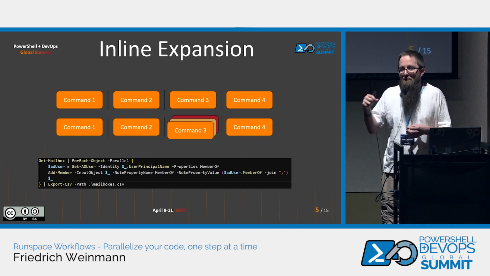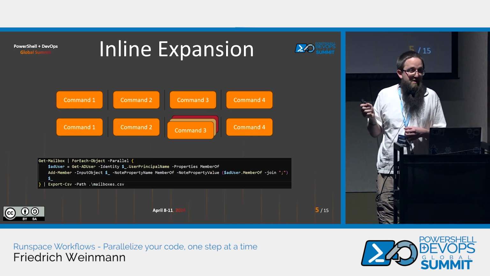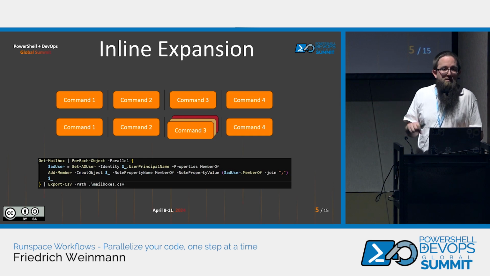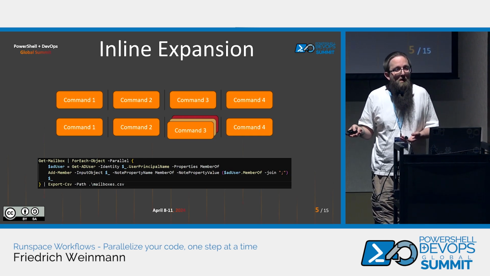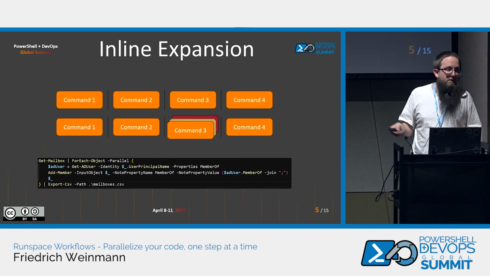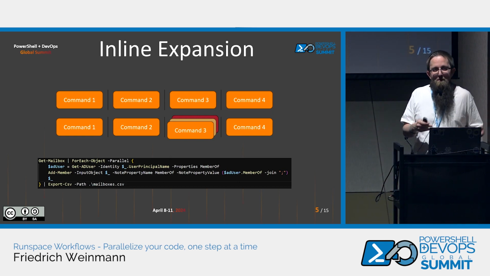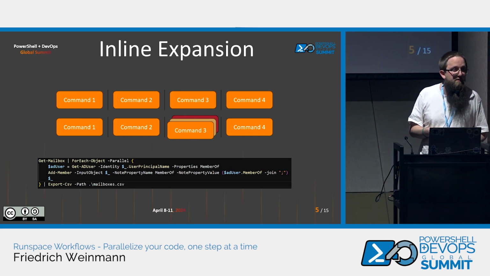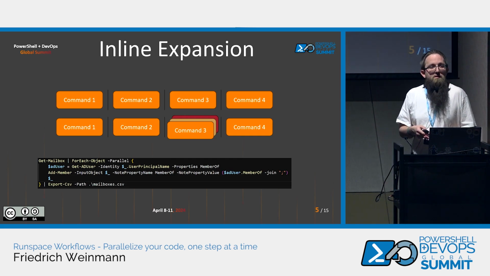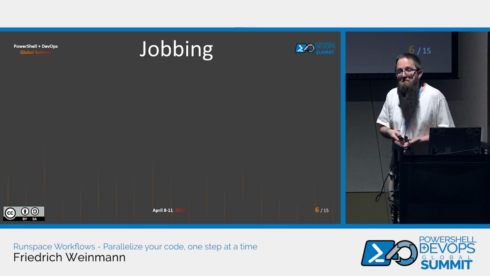The number of controls we can tweak is very limited in the setup. Also, it only works inline in the pipeline, so it must be done by the end of the pipeline. And sometimes fire and forget, and fire and come back later, is a feature we would like, and inline expansion does not offer that. Which is when we go jobbing.